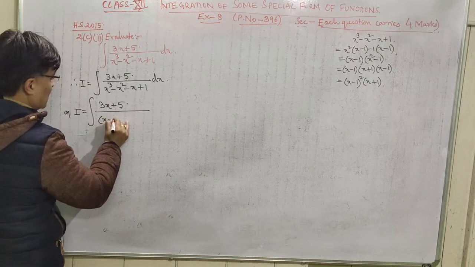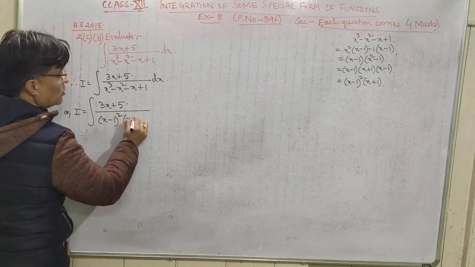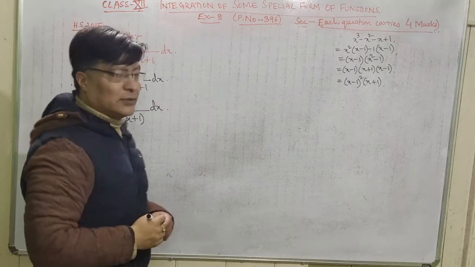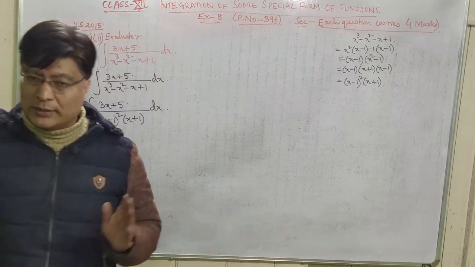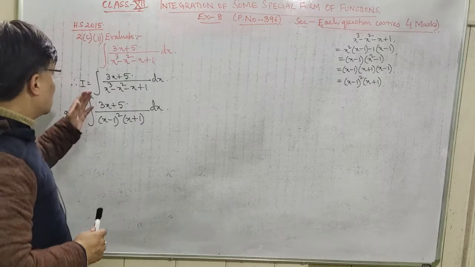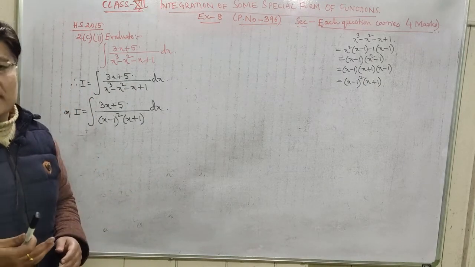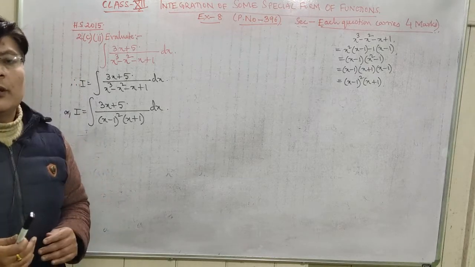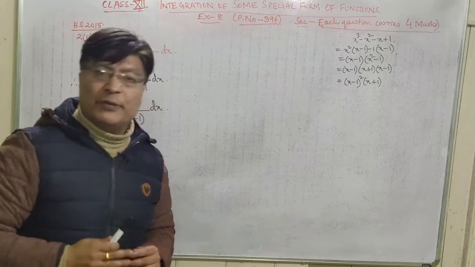It is x minus 1 whole square into x plus 1, then you should write dx. So I think you have understood it. Okay. Now again, this fraction should be converted into partial fraction. So this is quite different from those problems which we had done in the previous one.